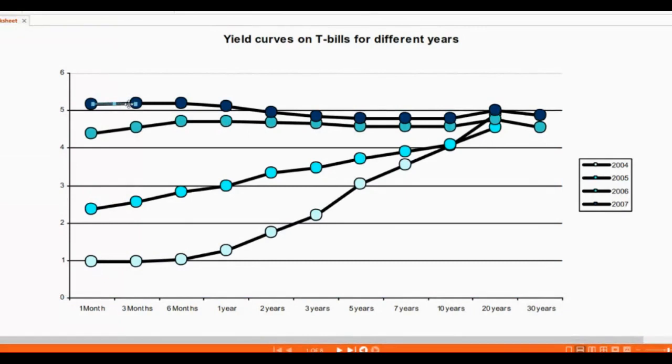So what can we observe? What features jump out at us? Does anything leap out at you in terms of stylized facts?